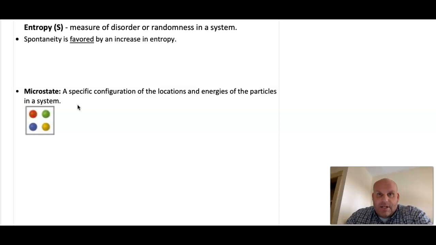So that's a microstate. Now the question becomes, what happens to the number of microstates we can have if we change the volume, or if we were to add another box and change the volume available to us? Clearly, in this first example, there's only one possible microstate, those four particles in that box.